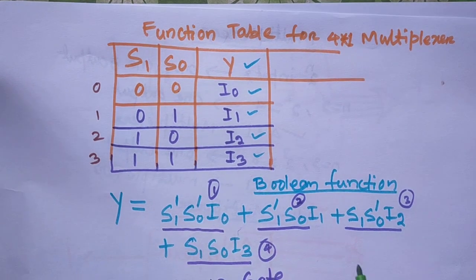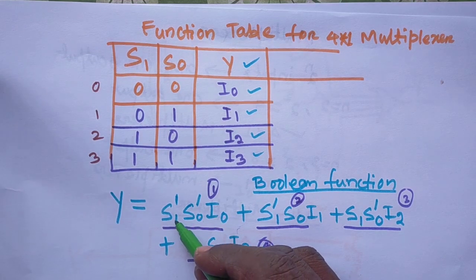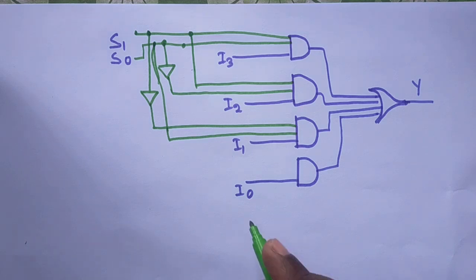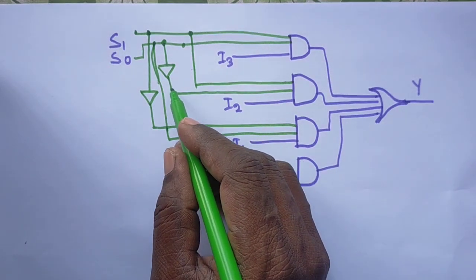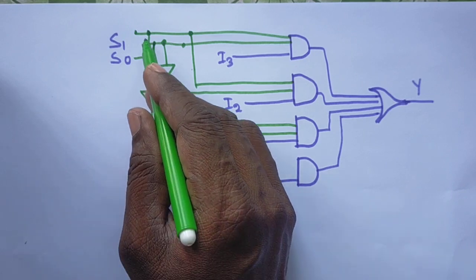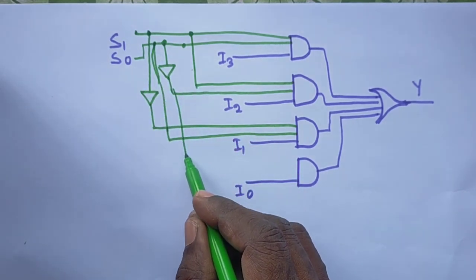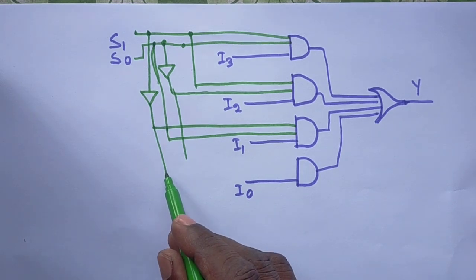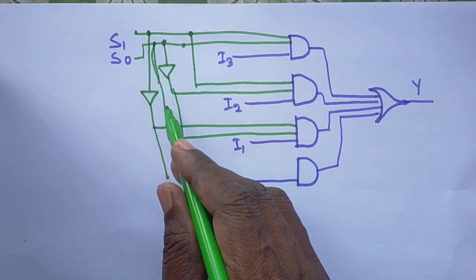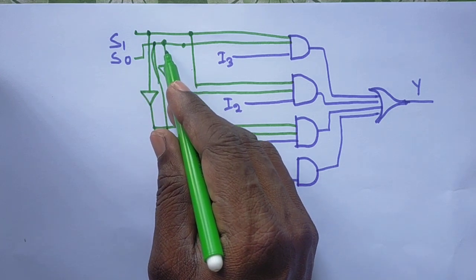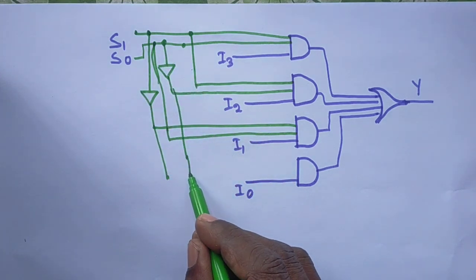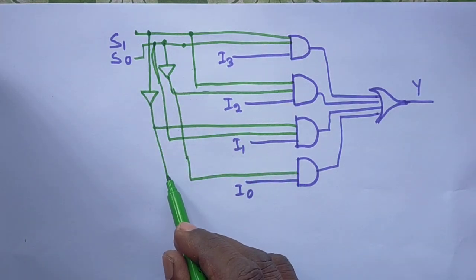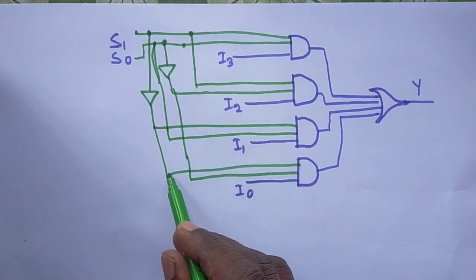The last part is I0: S1 complement and S0 complement, both are complement. Then what happens? Here the S0 complement is coming and here is S1 complement. So now, whenever we go through, S0 complement first joins here, and here S1 complement again joins here.